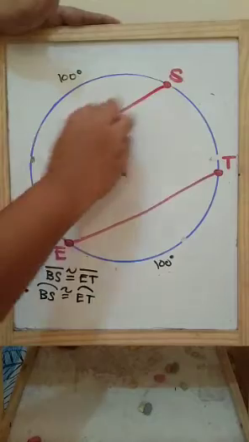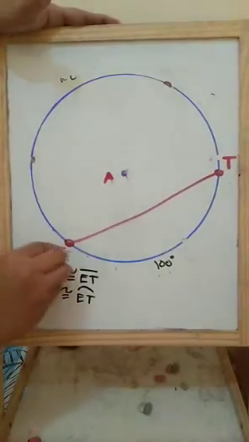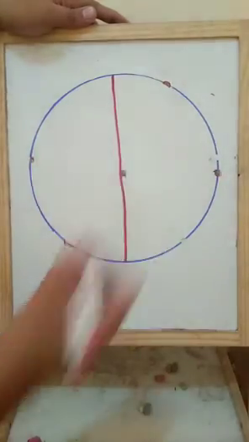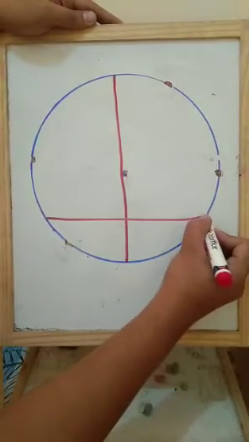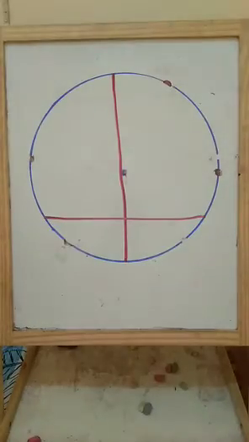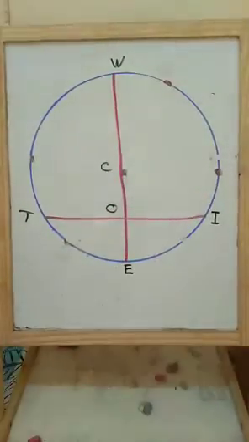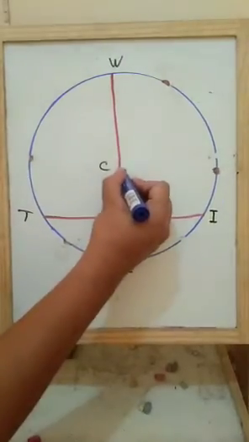And then, the third theorem that we have is like this. Let me just erase this. Your center, let's draw here a diameter, and then let's draw here another chord. Let's just name this as W. For the third theorem, take note that your C here is your center.